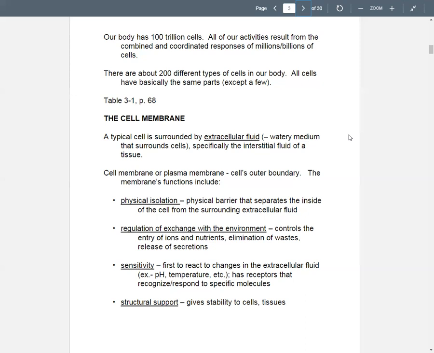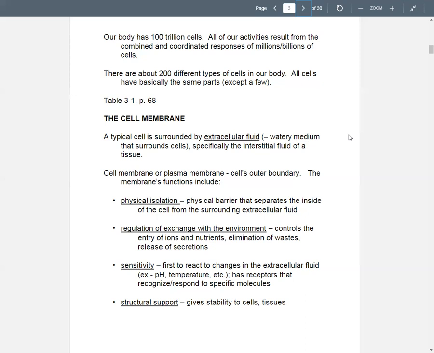The cell membrane is sensitive. It reacts to changes in the extracellular fluid. Remember in chapter 2 we learned about pH, acids and bases. So it reacts to changes in pH, and also reacts to changes in temperature. And it does that through receptors on the membrane.